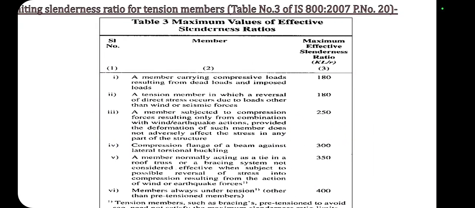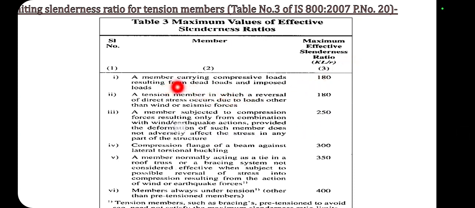The first column is the serial number, the second column is for the members, and the last column is for the maximum effective slenderness ratio, that is KL/r. Here KL is the effective length, which depends upon the support condition, and r is the radius of gyration, which is directly given in our steel table, and we have to take the minimum one.